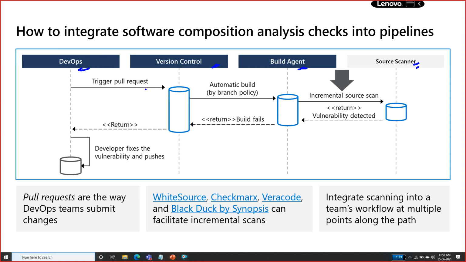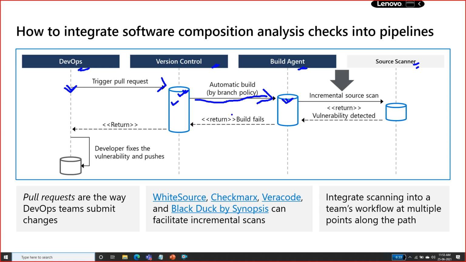When your developer makes code changes, they push that code to version control. Once the code is available in version control, because your CI pipeline is enabled, it is going to trigger the build agent.